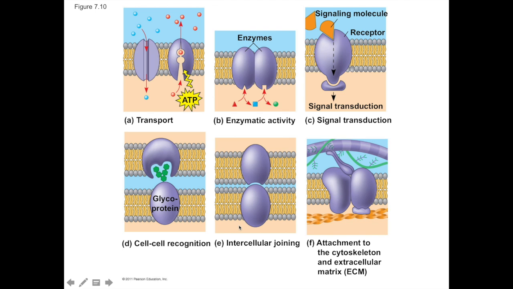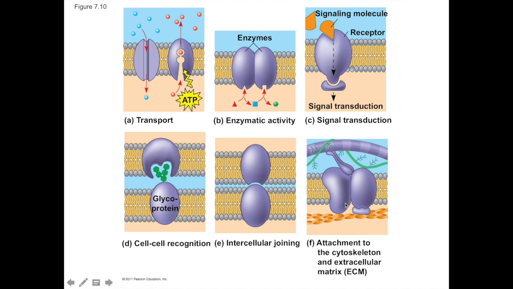Speaking of that, in multicellular organisms like you and I, if we want to form large continuous sheets of cells, or organs or tissues, we don't want them to just fall apart, so we can use proteins to join them together. So intercellular joining is another function of membrane proteins.